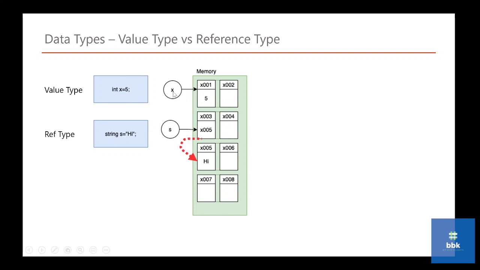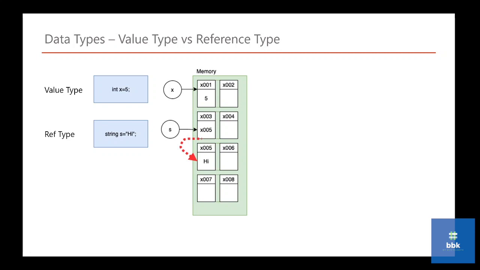You can directly access x and it will give you the value. However, with a reference type variable, for example a string, if you declare string s is equal to hi, then this hi gets stored in a location, and the address of that location is stored in a location which s refers to.